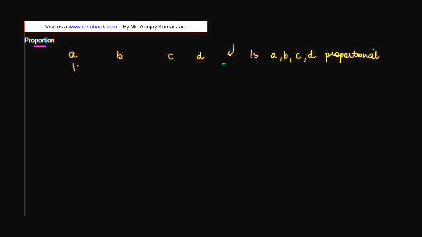Now, a set of four numbers is said to be in proportion when the ratio of A is to B is equal to the ratio of C is to D. We write this basically as A is to B is proportional to C is to D.